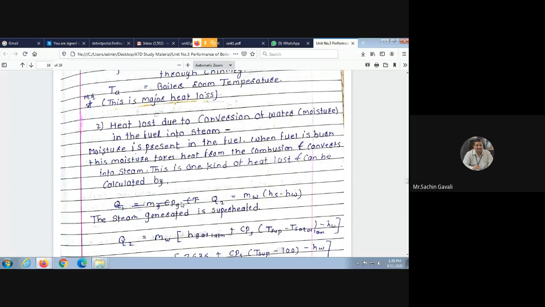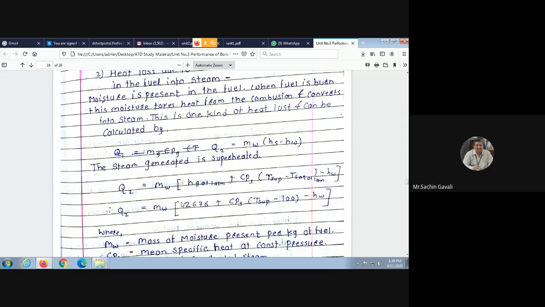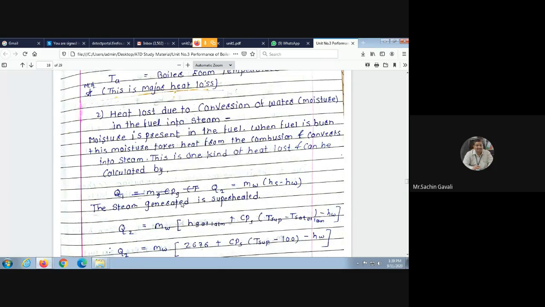Then the second heat loss is there. Suhas, second heat loss, can you elaborate? Yes, sir. Second loss: heat loss due to conversion of water, that is, moisture in the fuel, into steam. Moisture is present in the fuel.